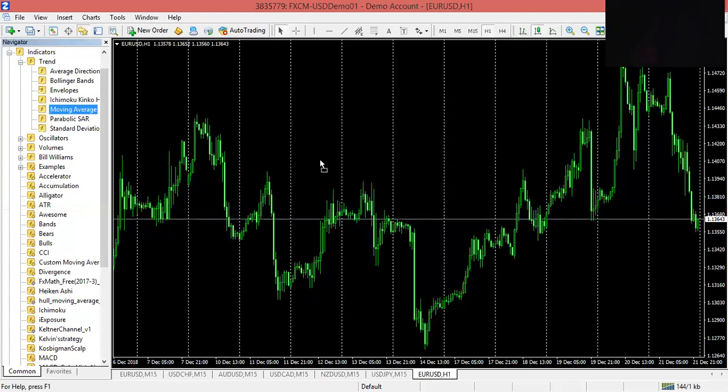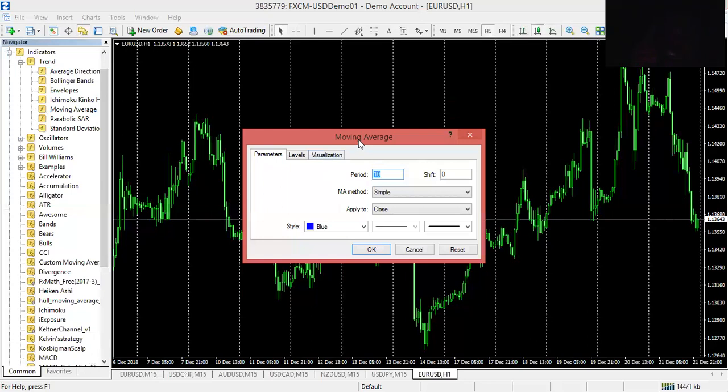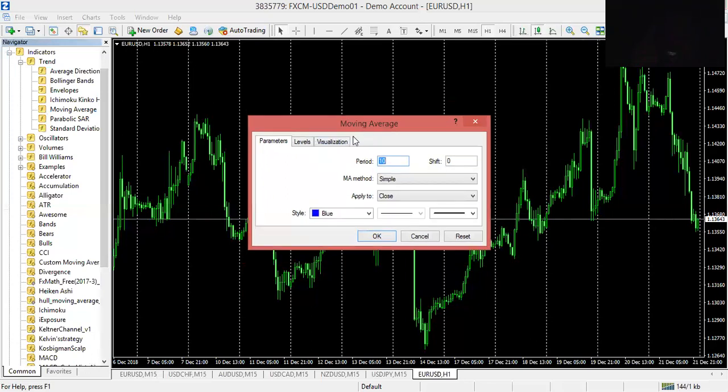Now you drag the moving average into this chart and drop it. On dropping it into the chart, it brings out the values for you, so you can set the values to whichever suits you. As for me, I like to use the smoothed moving average.